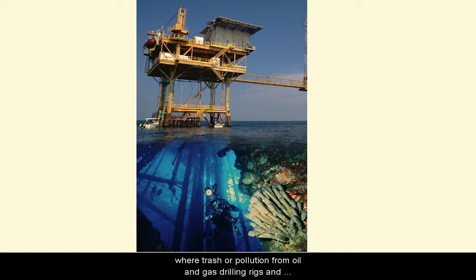While there are instances where trash or pollution from gas and oil drilling rigs and production platforms have caused some pollution, the platforms add to Gulf productivity by creating small but ecologically diverse habitats where none would exist otherwise.